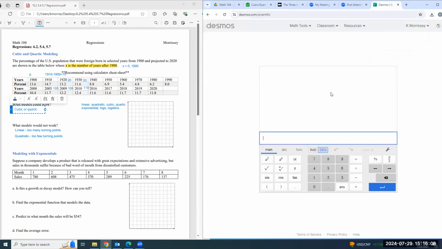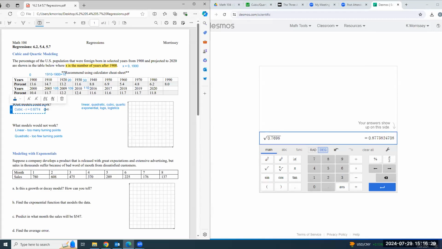So 7698. So we're going to write the square root of 7698. So it is a little bit better. Your cubic has an R, your correlation coefficient, of 0.8774. It's not actually all that strong because, again, we want to be as close to 1 and -1 as possible.